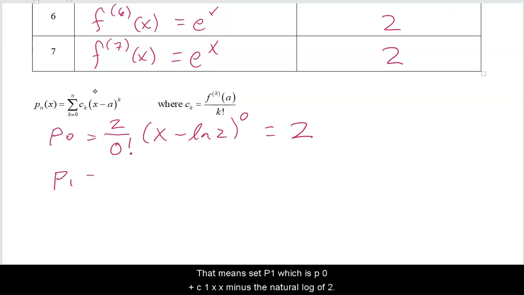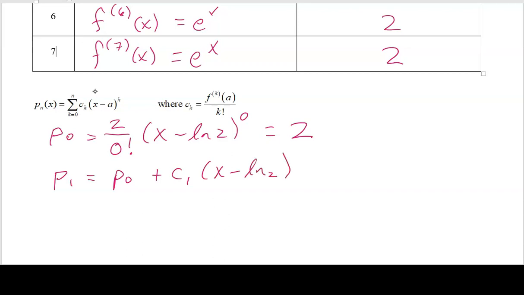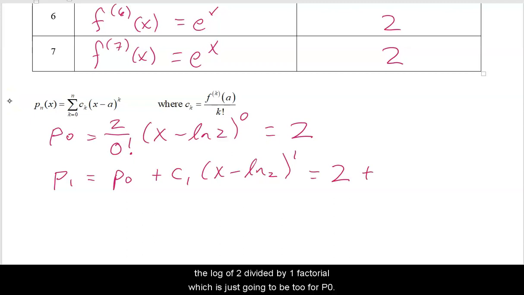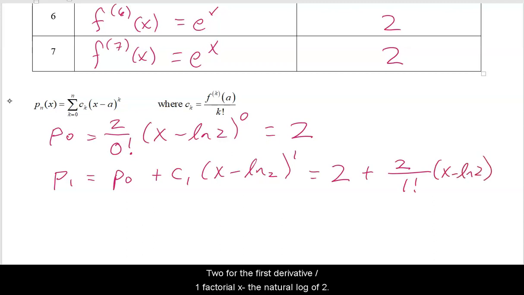That means that p1, which is p0 plus c1 times x minus the natural log of 2 to the first power. And then I can figure out what c1 is, but c1 is the kth derivative, in this case the first derivative at natural log of 2 divided by 1 factorial, which is just going to be 2 for p0, 2 for the first derivative divided by 1 factorial times x minus the natural log of 2.